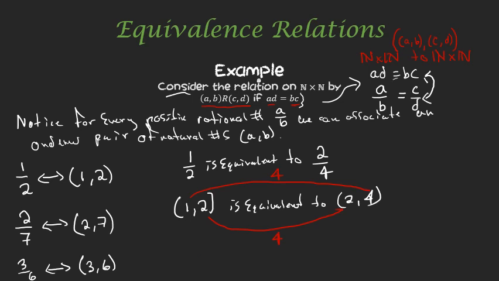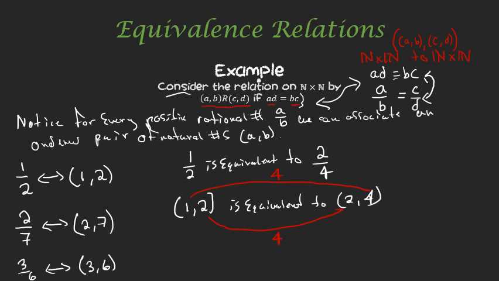And if they satisfy that condition, then they are related. So this equivalence relation is really telling us about equivalent fractions, that two ordered pairs are equivalent if and only if the fractions associated with those ordered pairs are equivalent fractions. That's the idea. That's how to define equivalent fractions, with this relation.